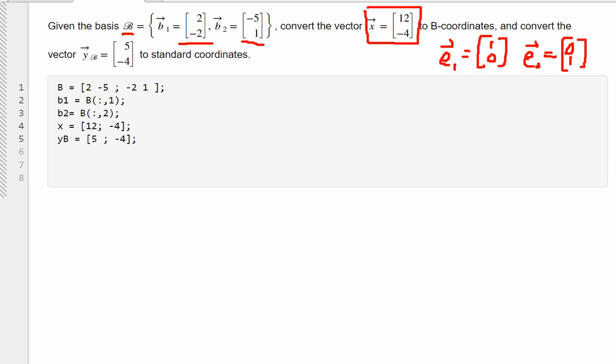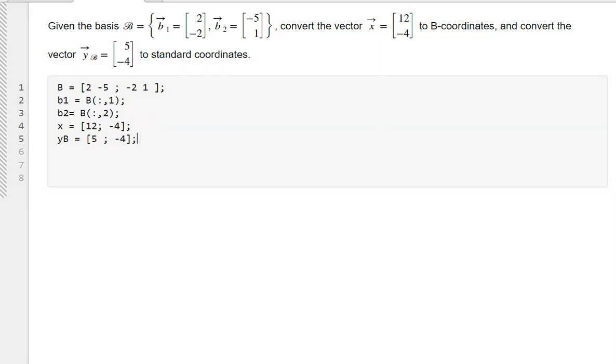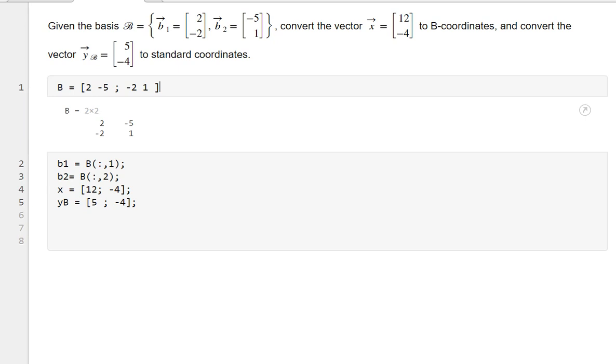All right, so if this vector is in standard coordinates, then we should be able to convert it to the B coordinates. And if we have a vector y that's already in the B coordinates, then we should be able to convert it to standard coordinates. You'll notice that I have the matrix B, whose columns are the basis vectors.